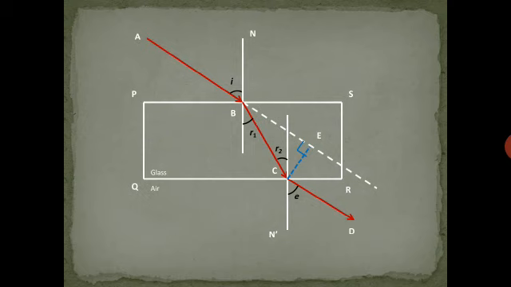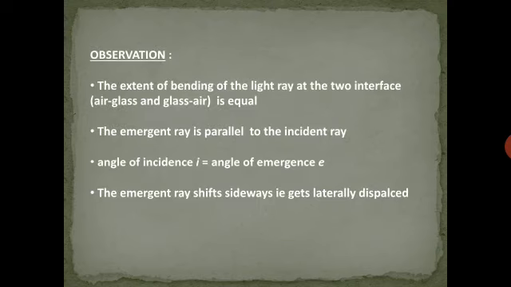Also, the light got laterally displaced, and the angle of incidence is found to be equal to the angle of emergence. This is an important fact that one observes when we do the practical on paper with a glass slab. If you take the angle of incidence as 30 degrees, you will definitely get the angle of emergence also as 30 degrees. Let us now discuss the observations that we have seen.